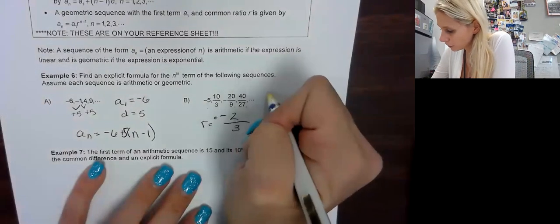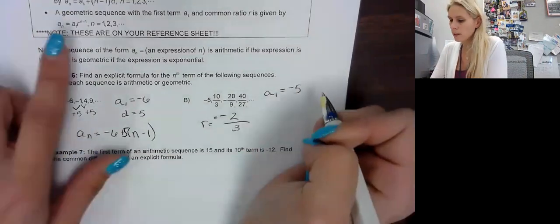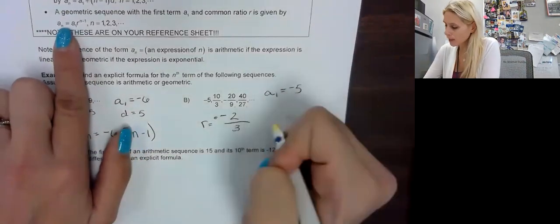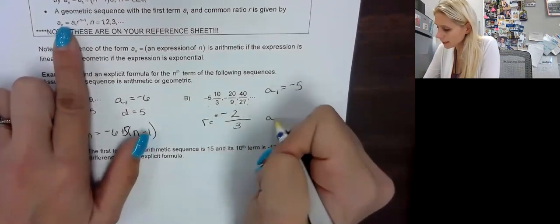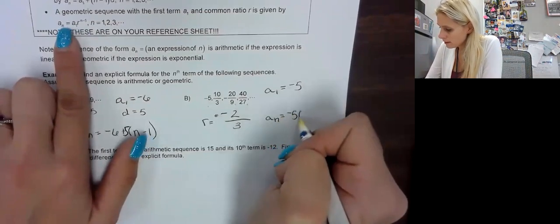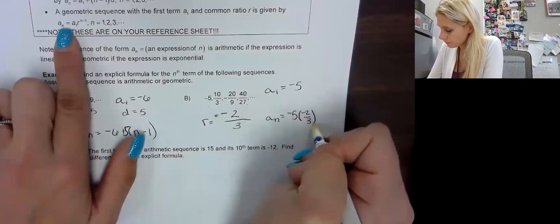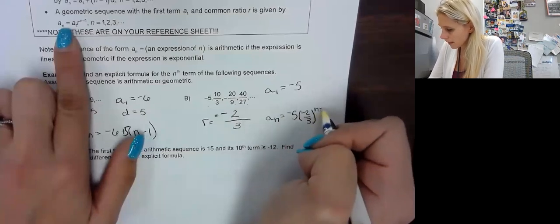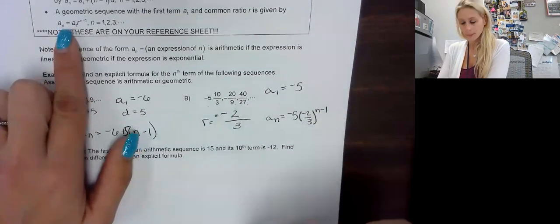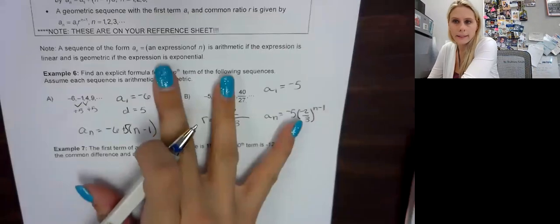And I need my first term in this. My first term is -5. So I got to look at my geometric. So my equation is a subset n equals -5 times -2/3 to the n minus 1. Done. All right, so that's nice, right?